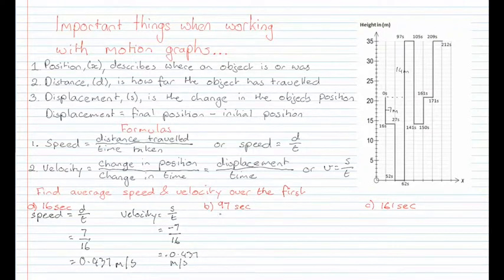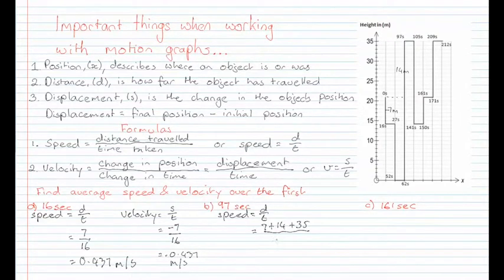Okay, so let's have a look at the average speed over the first 97 seconds. Alright, well speed, once again, is equal to distance over time taken. Okay, so speed is equal to total distance. Well, my distance here is 7 metres, plus how much further have I gone? I've got another 14 metres, plus an extra 35 metres, because I've gone up, over time taken.